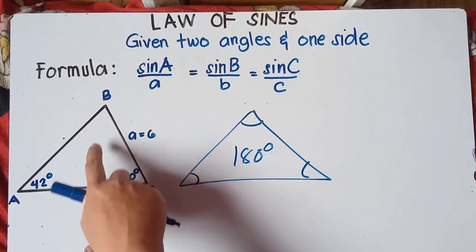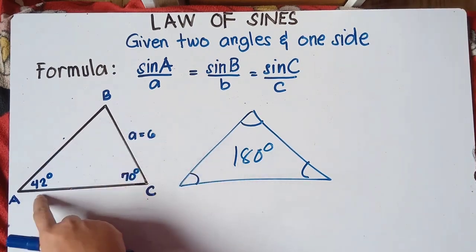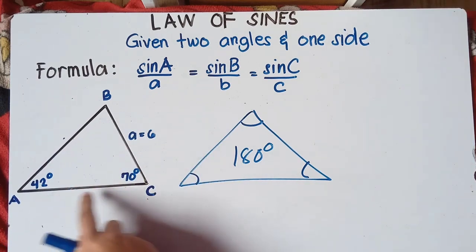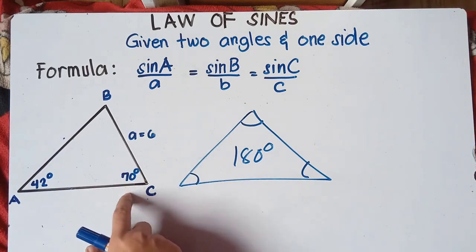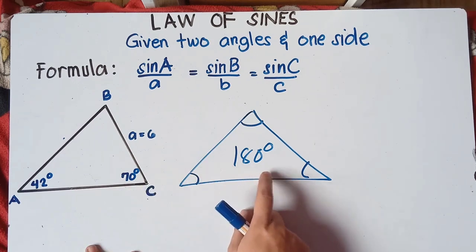Do not forget about it. So to get the sum of these interior angles, we can add 42 plus 70, and then subtract their sum from 180 degrees.